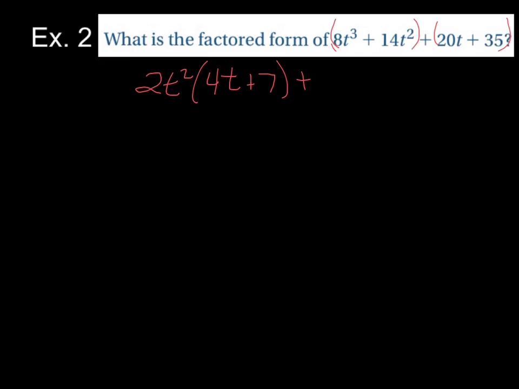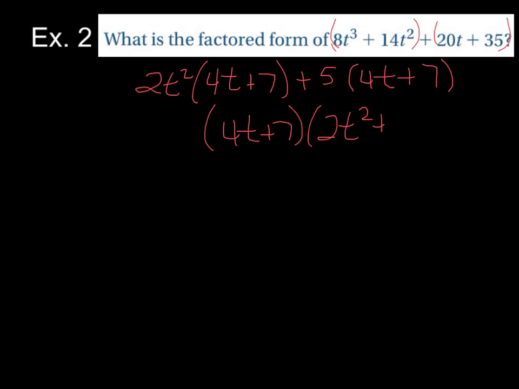If we look at the second group of 20t plus 35, we can see that we can factor out a 5 from each of those terms. And that's going to leave a 4t and a plus 7. So we've got 4t plus 7 as our common factor, 2t squared plus 5 as the stuff that's left behind, and there's our factored form, just like we were doing before.